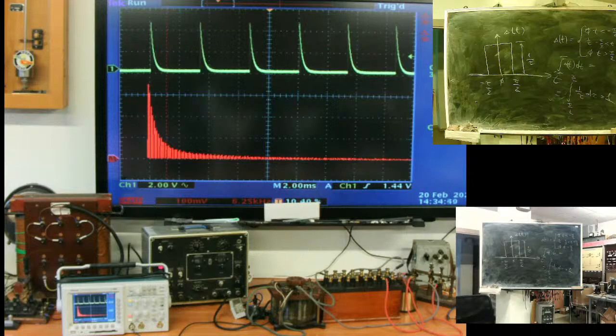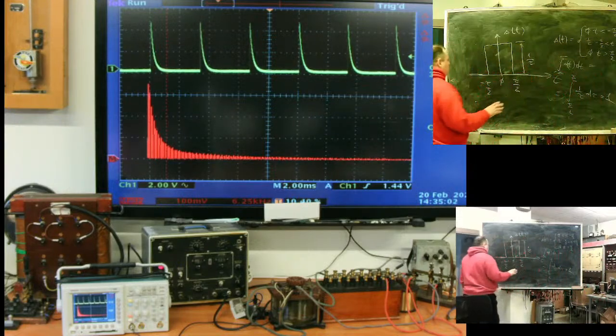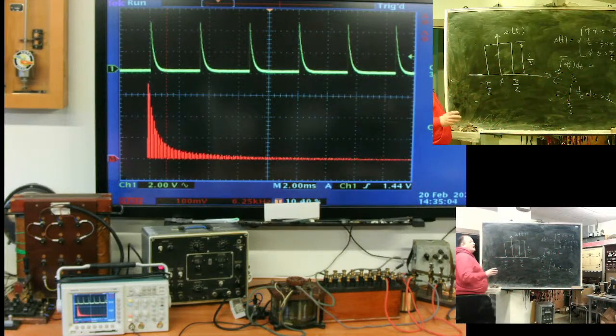It's at some point in time. I will clarify. Now it's symmetric in time. It's just a piece of time.